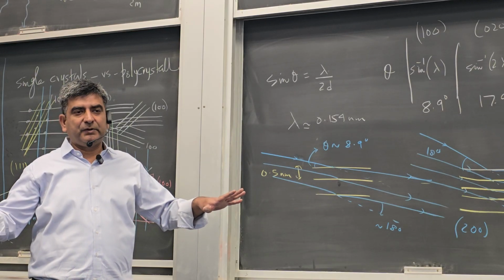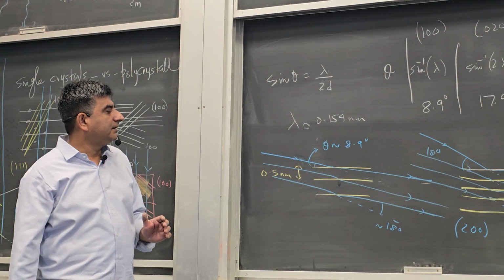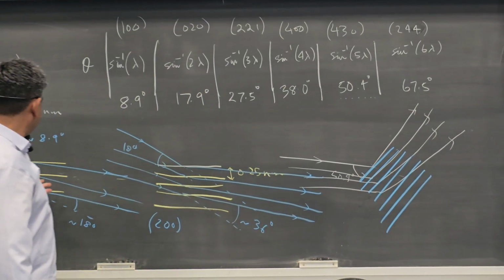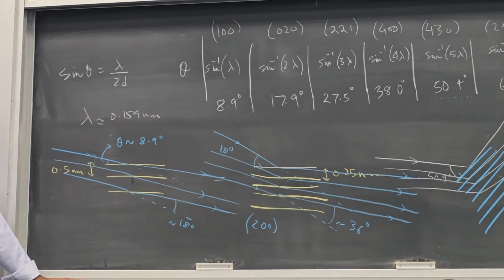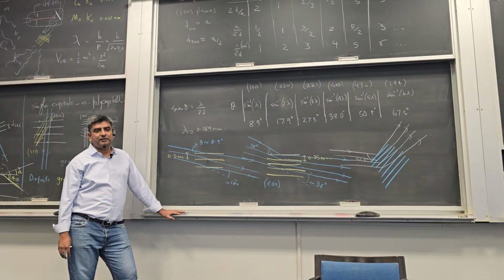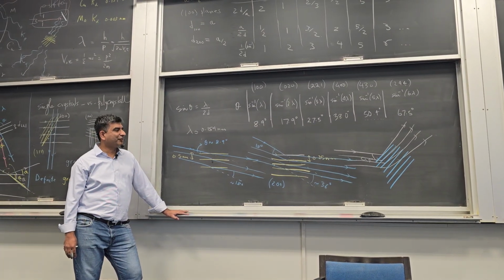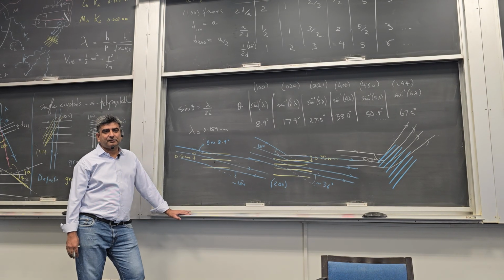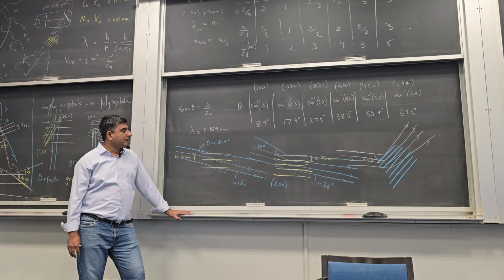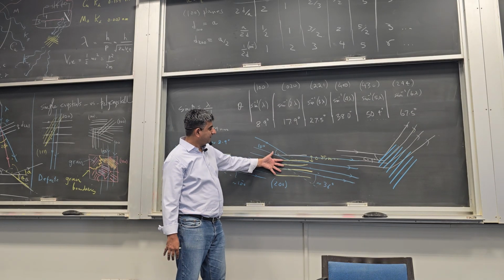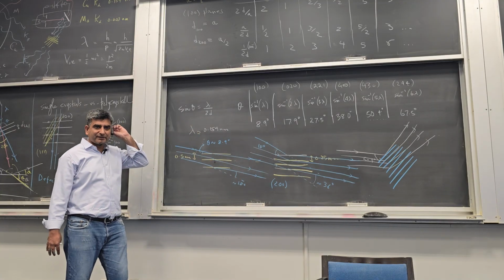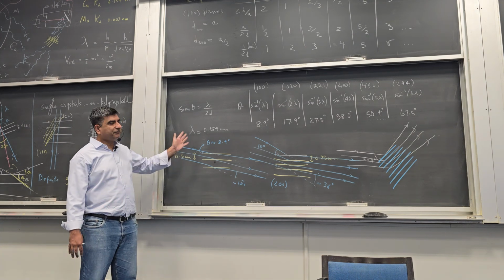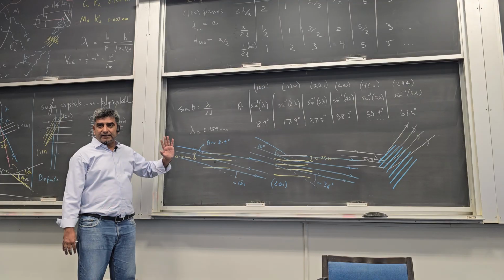So if you put these planes onto this orientation of X-rays, will you get scattering or not? You will not get scattering. If you put these planes and it sees this angle of incidence, you will not get scattering. So what you would need to do is try different angles of incidence and so on.